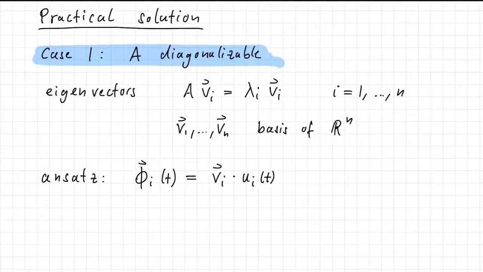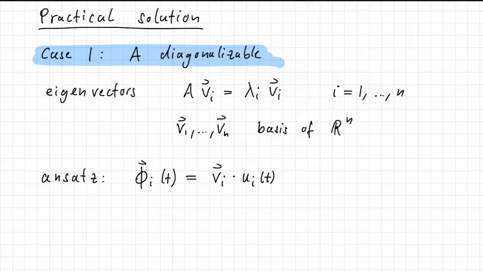For that, we have to distinguish a couple of cases. I will start with the simple case, case 1, where A is diagonalizable. What does that mean? It means that I can write down the eigenequation A times eigenvector Vi equals lambda i times Vi, and I find n eigenvalues, and the vectors V1 to Vn form a basis of the n-dimensional vector space.